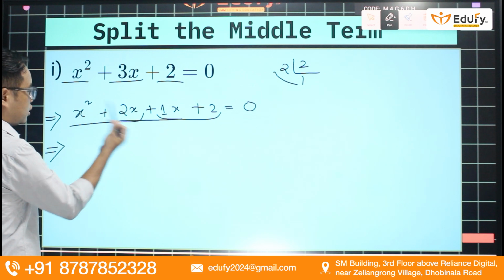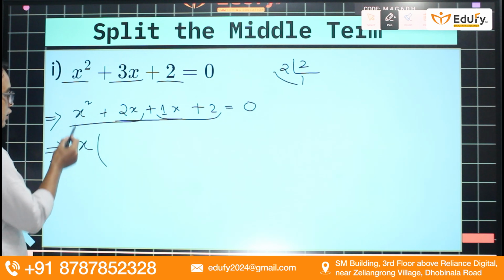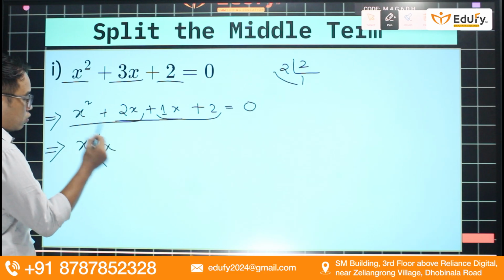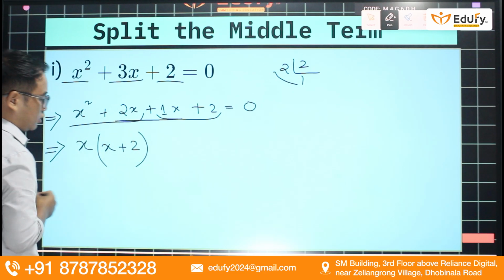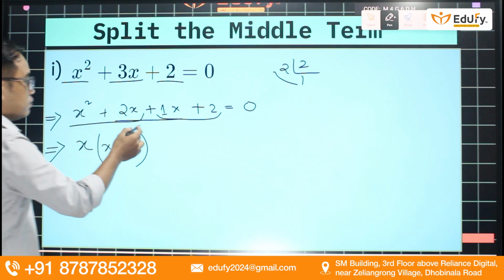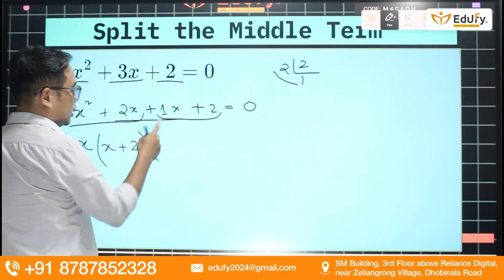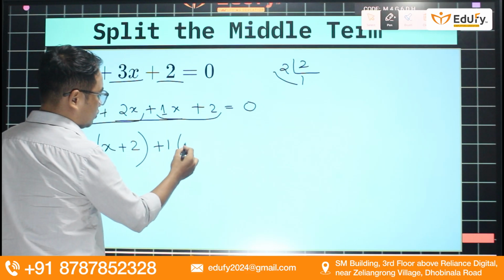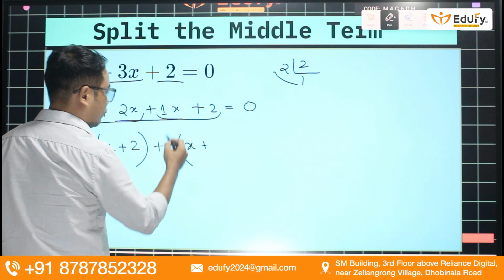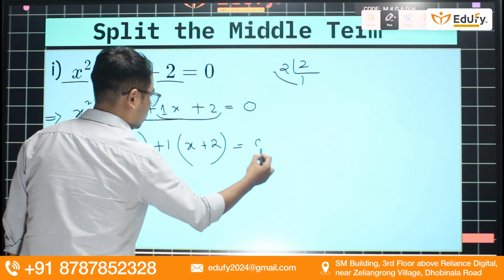I can see x is here and x is here as well, so I will take just x as common. If I take x out here, I'll be remaining with only x, plus if I take the x out, I have only 2 remaining here. Now in the next step, same thing again. This is 1x and 2, so there is nothing common which I can take except for 1. So this is plus 1. If I take 1 here, I'm getting x here only, plus if I take another 1 here, I will be just remaining with 2, which is equal to 0.